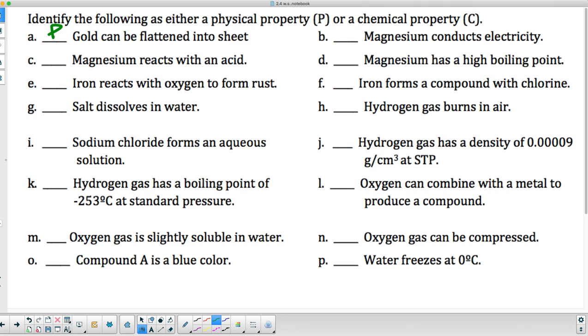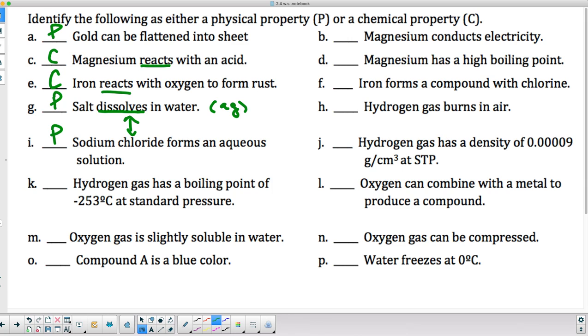Magnesium reacts with an acid. Reacts is a very strong word that means chemical. Iron reacts with oxygen. It's a very strong word that means chemical. Dissolves in water. This is our aqueous, okay? When something's aqueous, it dissolves in water, and that's physical, like I said previously. Sodium chloride forms an aqueous solution. Again, the exact same thing. These two are the same.